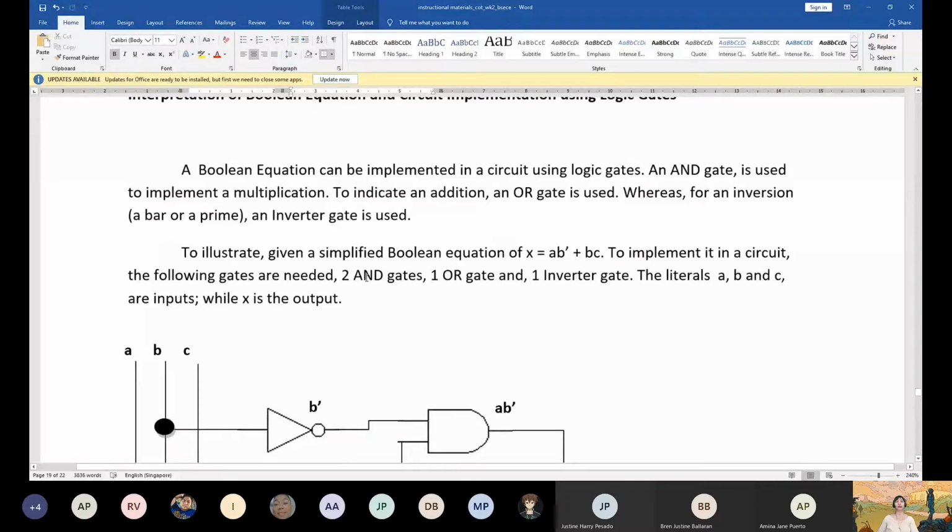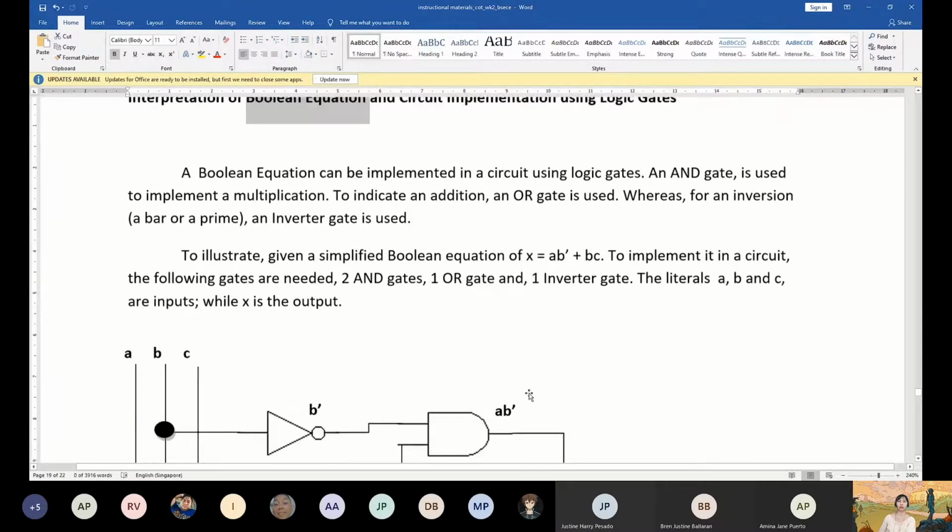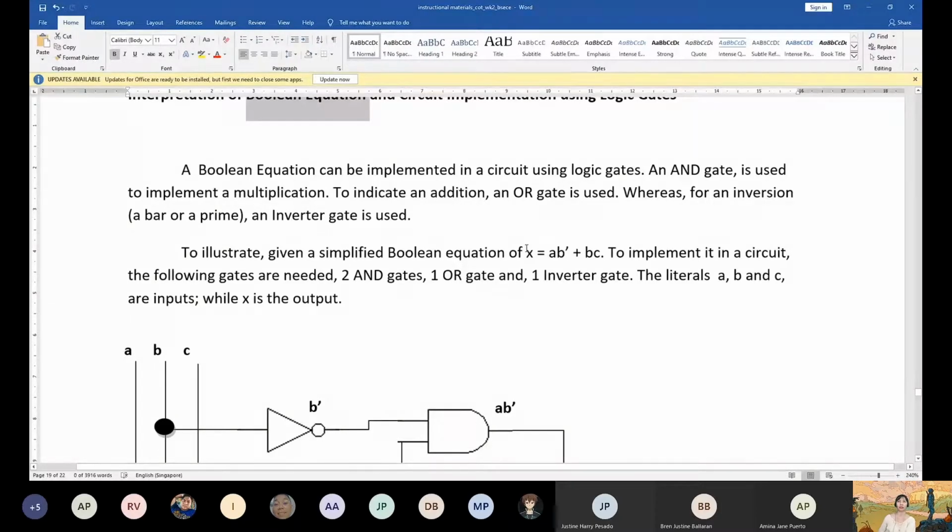So the next topic is how we're going to implement or make a circuit given the Boolean equation. You already know how to simplify a Boolean equation, so the next step is making a circuit from it.